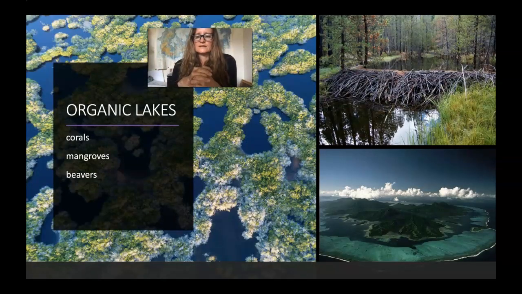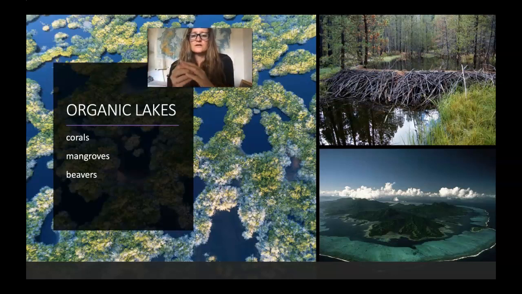Next is an organic lake, and these are lakes totally classified by the fact that they are created by biological activity. So in the bottom right here is a fringing reef around an island, and that is creating within the backwater lagoons that are a type of lake on the landward side of those reefs.